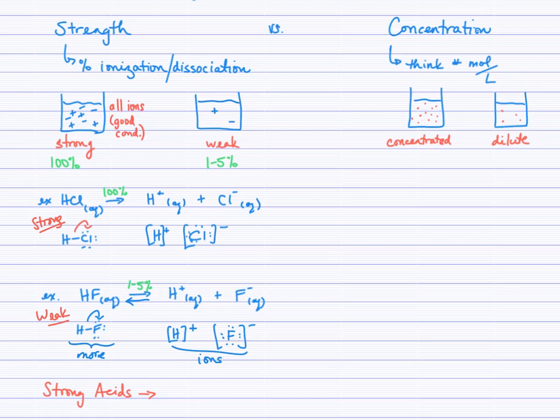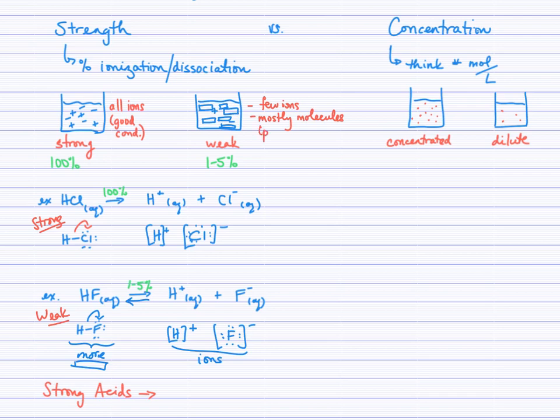I'm just going to put one of each, and perhaps I'll use a rectangle to represent those HF molecules. And so there are many more molecules of HF than there are ions. The idea of there being very few ions in solution and mostly molecules is the idea of a weak acid, or base for that matter.